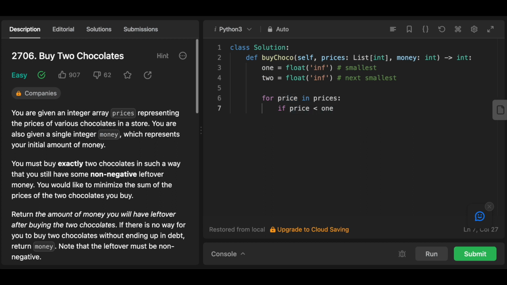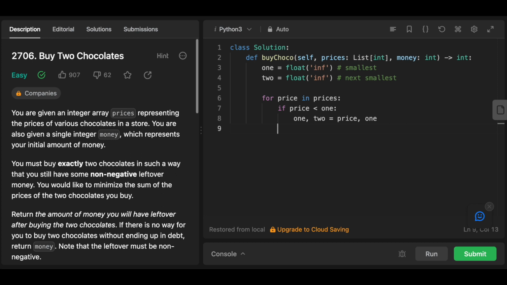Less than 1. If price is less than 1, then 1 and 2 will be updated to, let's make it clearer. Okay, 1 and 2 will be updated to 2 will take whatever 1 was before, and 1 will take whatever the current price is, which happens to be less than itself. Okay, so 1 is now the price, and 2 takes over the previous value at 1.